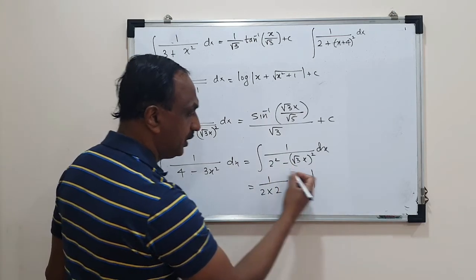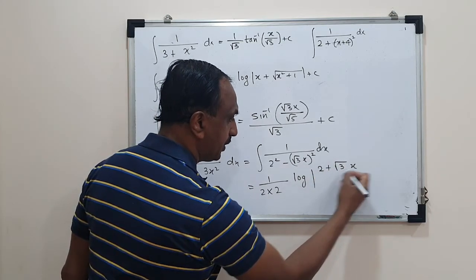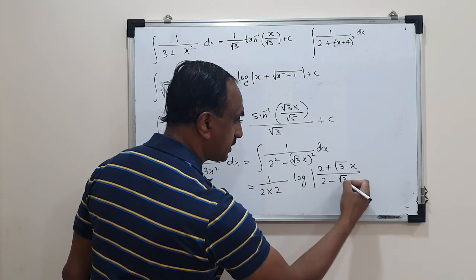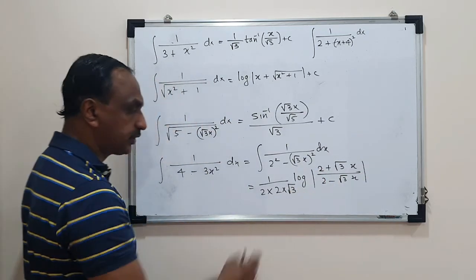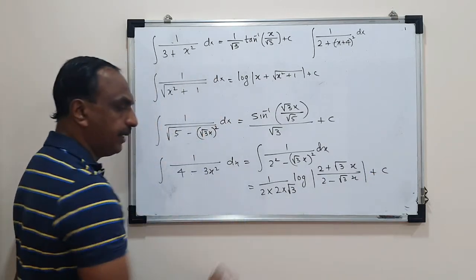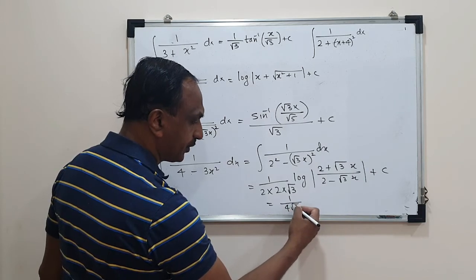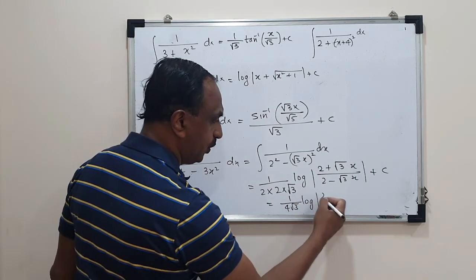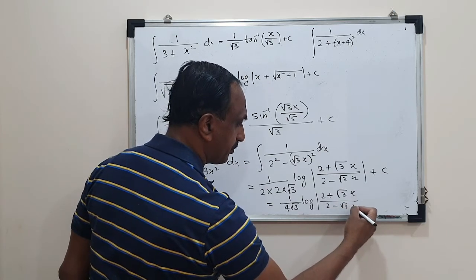Log of, it is a square minus x square, so 2 plus root 3x upon 2 minus root 3x, also divided by the coefficient of x. I have written the coefficient of x, root 3, over here, plus c. Now you can multiply this and write your answer. So 1 upon 4 root 3 log of 2 plus root 3x upon 2 minus root 3x plus c.